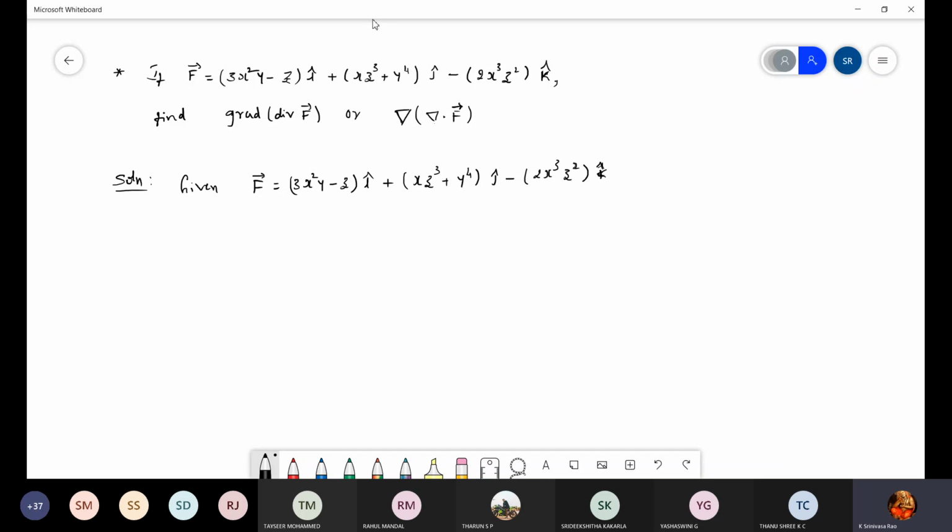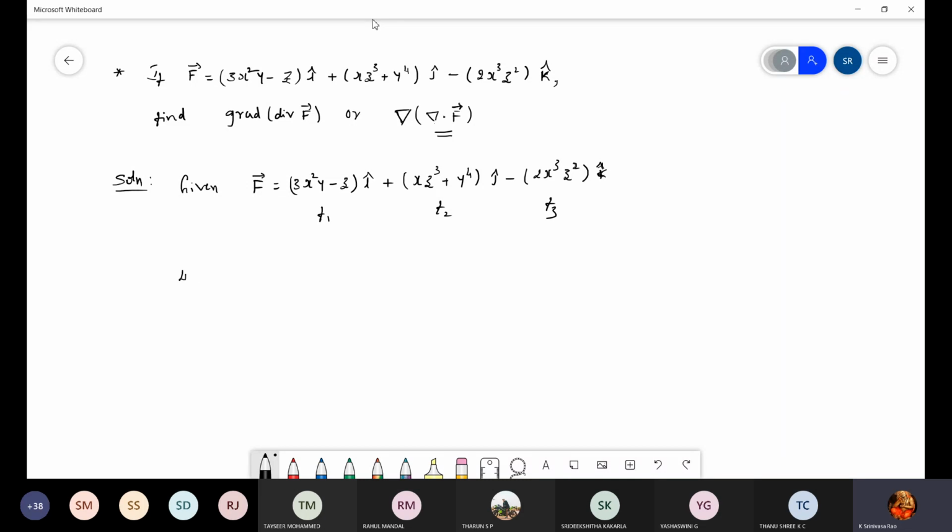This is f1, this is f2, and this is f3. First we have to calculate the divergent, so from the right side you should solve this problem. First you have to calculate div f.